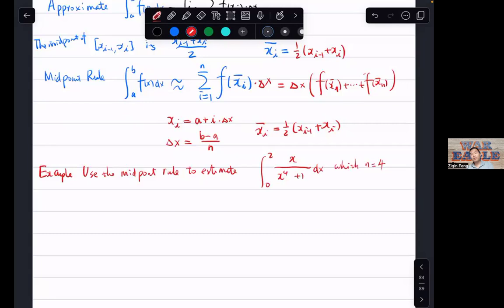If you choose the right endpoint, you might not get a good approximation, so we want to use the midpoint rule.